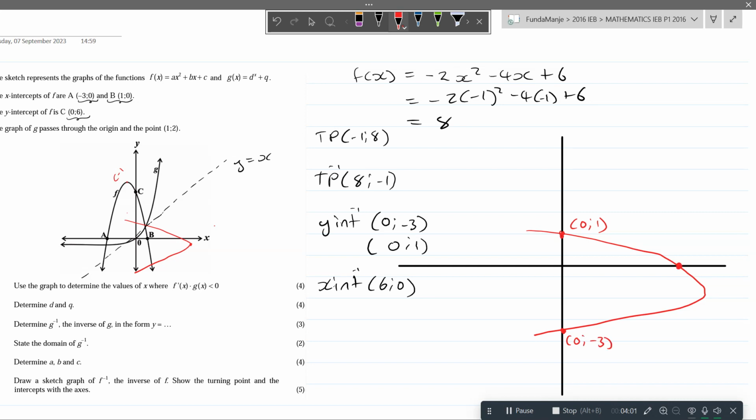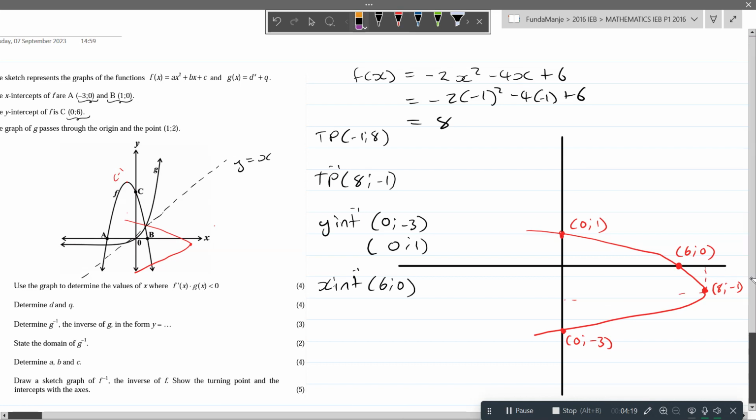Then the x-intercept was the old y-intercept, but now inverted, so it becomes (6, 0). And the turning point was (-1, 8) for the original, but now it's (8, -1), and it all makes sense when you look at it. -1 being somewhere there. Excuse my skew lines, but yeah, something like this should gain you your marks.